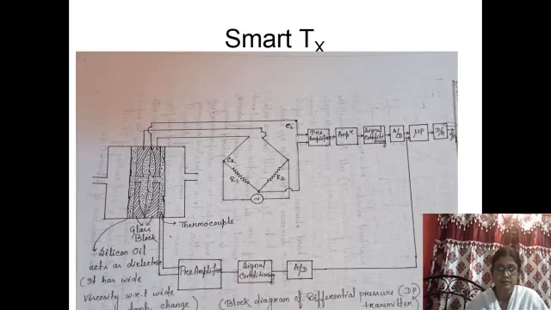So this is the real smart transmitter, where this is again a DP cell filled with silicon oil. This performs like a capacitive type. Just notice, this is the high pressure side, this is low pressure side.